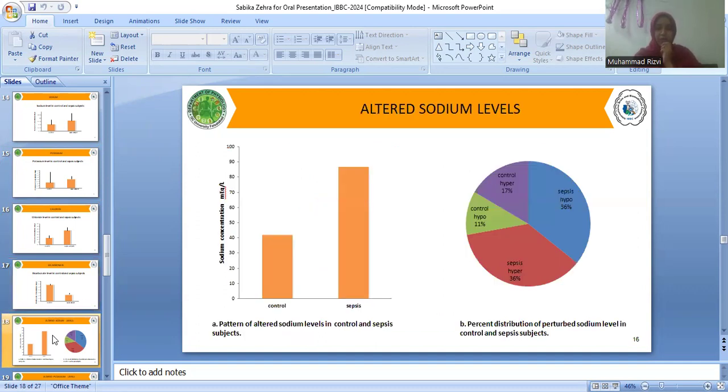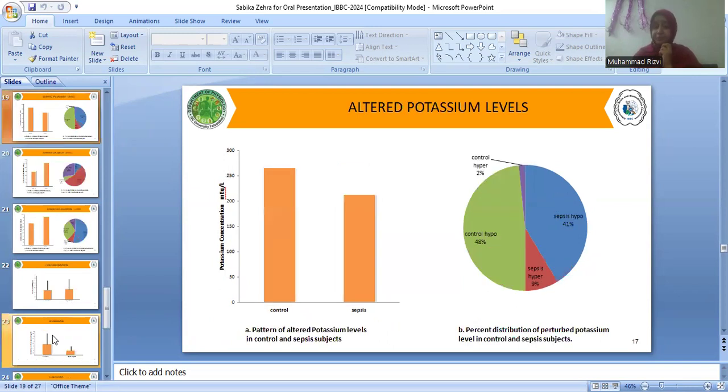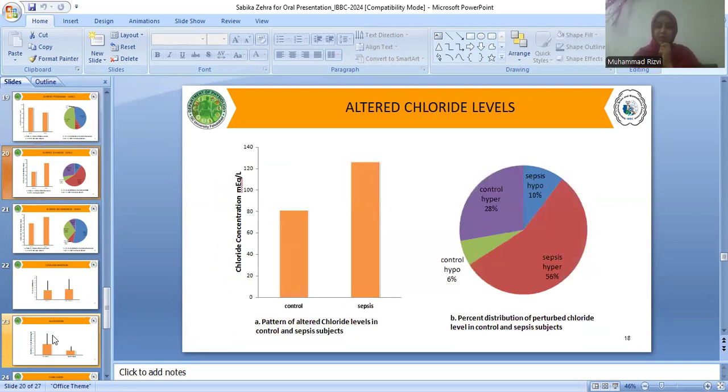They are showing the altered sodium levels. It shows that there is no such difference in the occurrence of hypo or hypernatremia. Altered potassium levels show that there are more patients of hypokalemia rather than hyperkalemia.